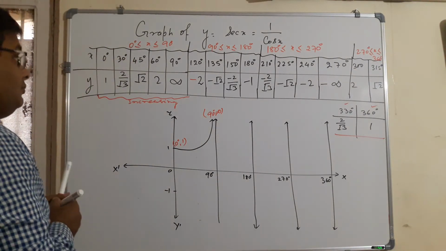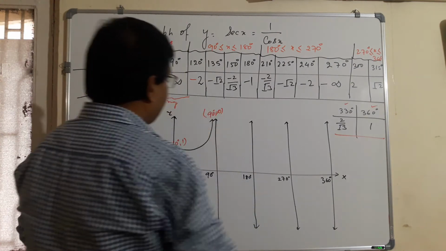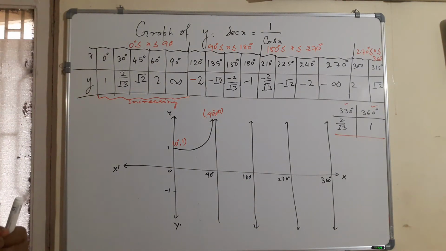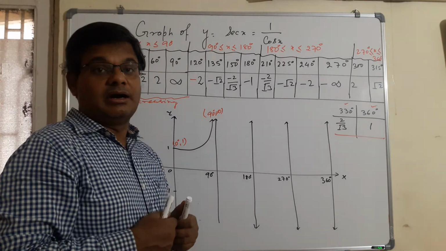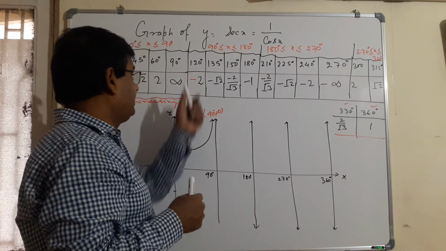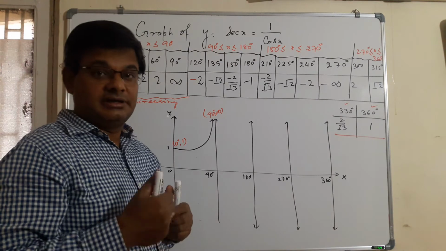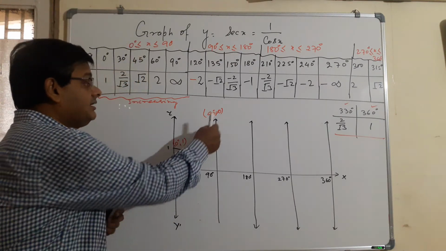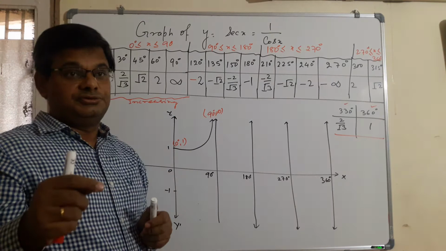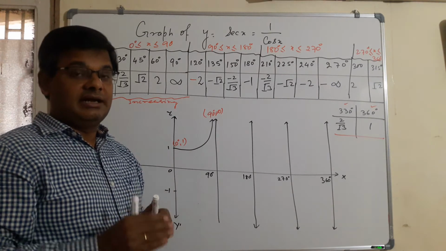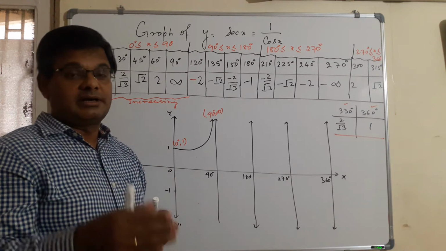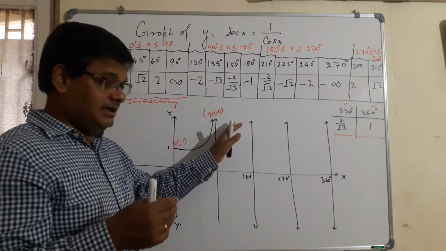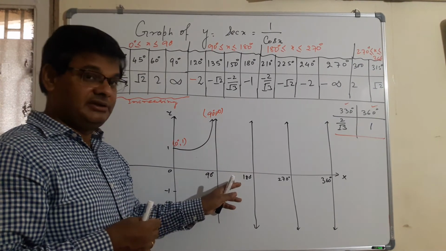Now when slightly greater than 90, you lie in the second quadrant, and in the second quadrant sec is negative. If you take 90.0001, slightly greater than 90, you reach the second quadrant, where sec is negative.